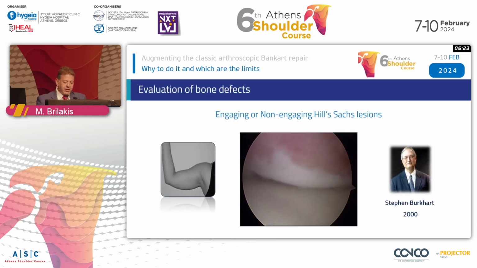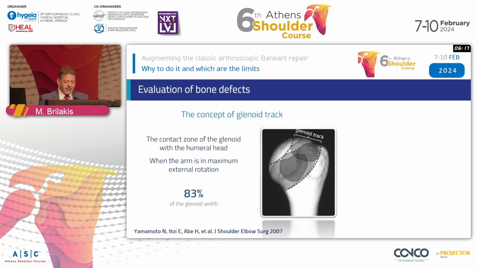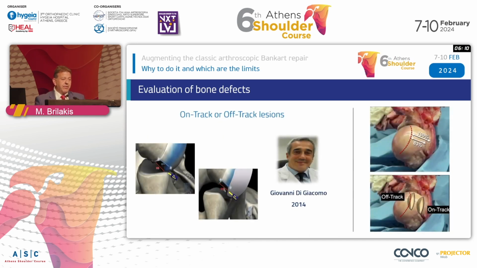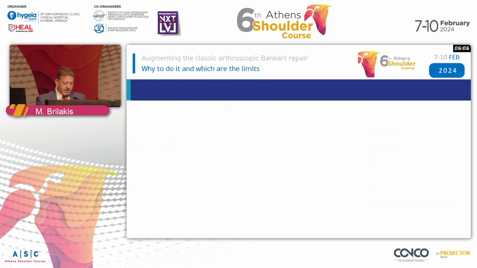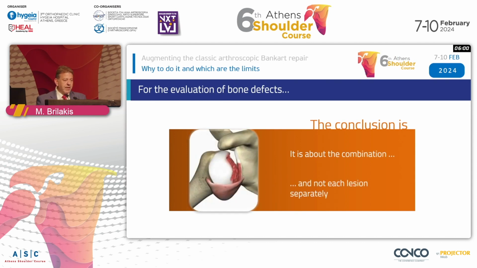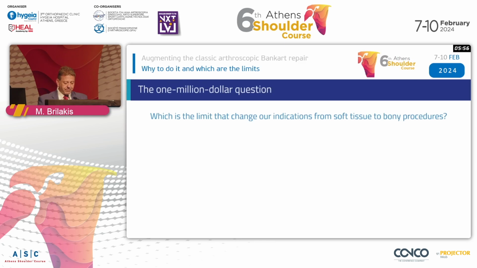And we have the concept of non-engaging and engaging Hill-Sachs lesion, and the concept of the glenoid track, and the prediction for on-track or off-track lesion before the surgery. Every one of these concepts shows that the combination of lesions counts, and we should not consider each lesion separately.